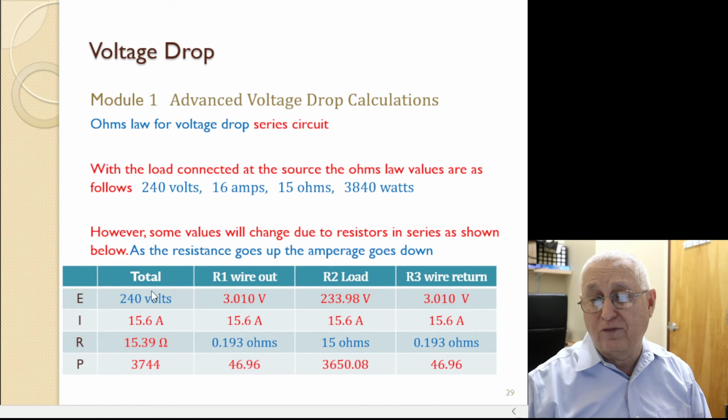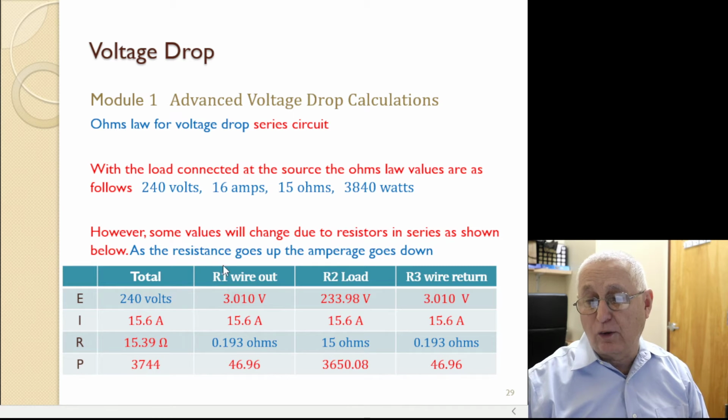So here are our three resistance values. The wire going out has 0.193 ohms. The load resistance is 15 ohms, that's R2. And R3, the return wire conductor in that cable, is 0.193 ohms. This is a series circuit, so we just add up these values and we get 15.39 ohms.